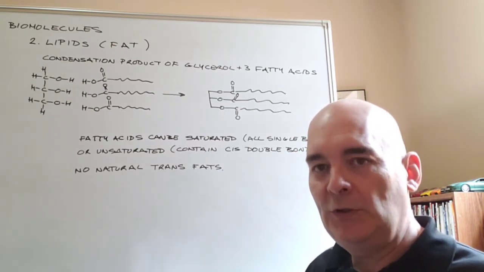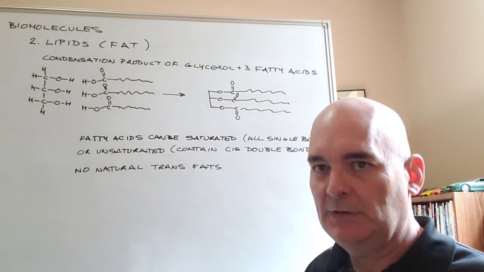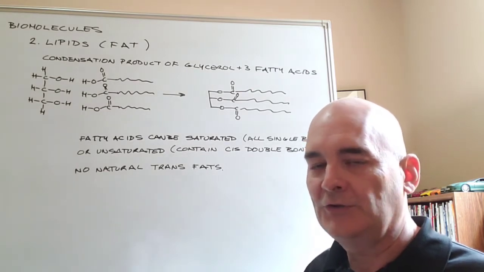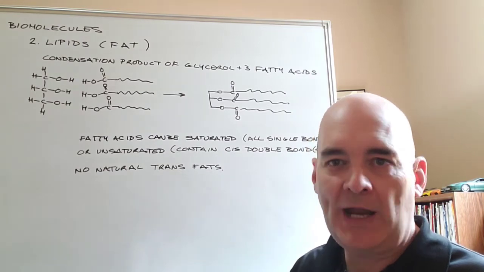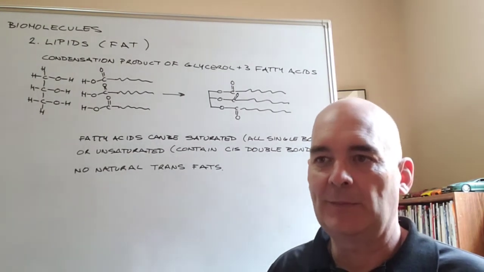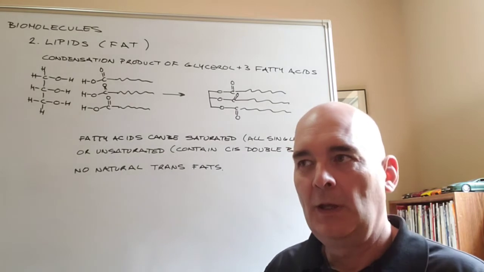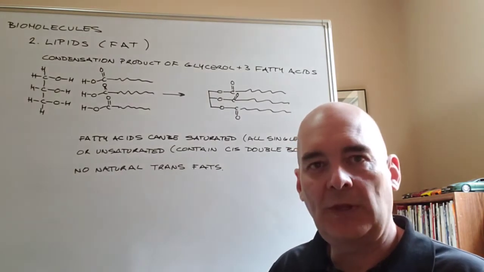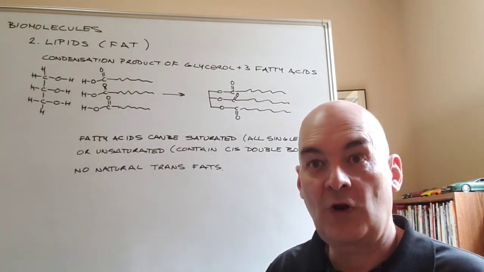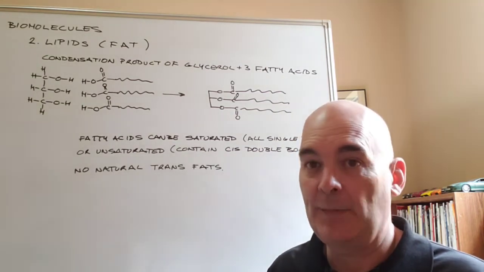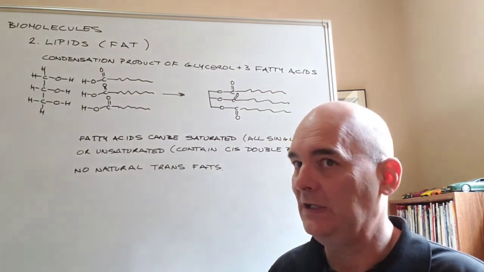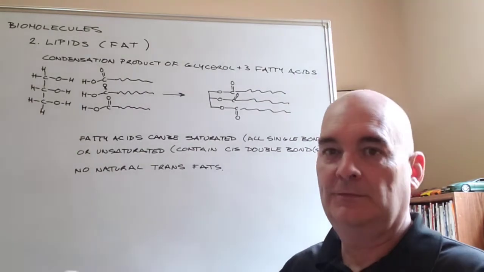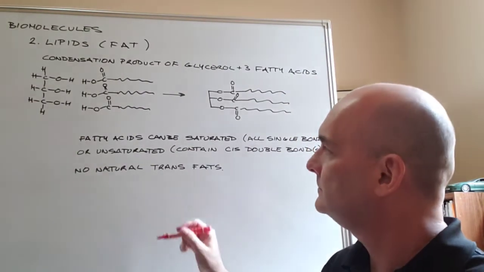It only uses cis double bonds. It does not use trans double bonds, which is why having trans fat in our diet is something we should be concerned about, because it's not something that our bodies recognize and are capable of metabolizing correctly. They've never seen trans fats before this most recent generation.